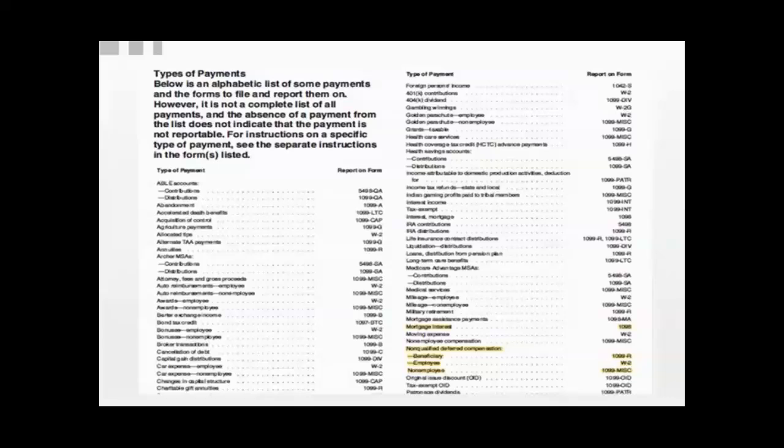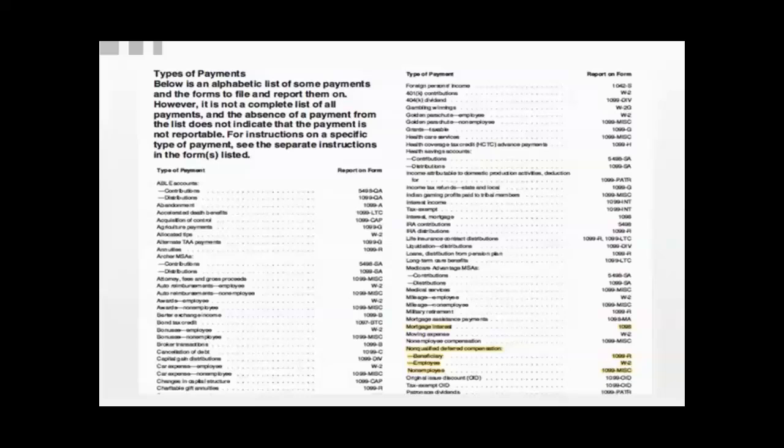And the other one I wanted to show was non-qualified deferred compensation. If it's paid to a beneficiary, it goes on a 1099-R. If it's paid to an employee, it goes on a W-2. And if it's non-employee, it goes on a 1099 miscellaneous.